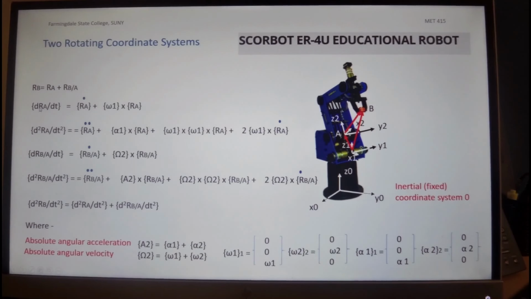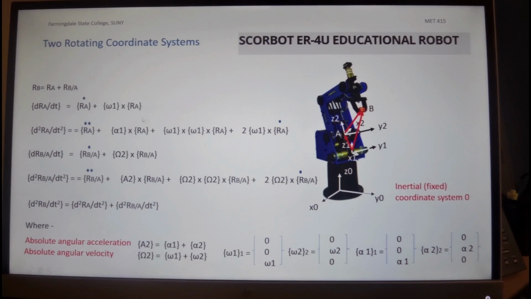Now, the absolute velocity of RA is equal to R dot plus omega 1, which is the angular velocity of coordinate system 1 with respect to 0, cross RA. But since point A is fixed in coordinate system 1, this term will drop out, and all we're left with is this term.